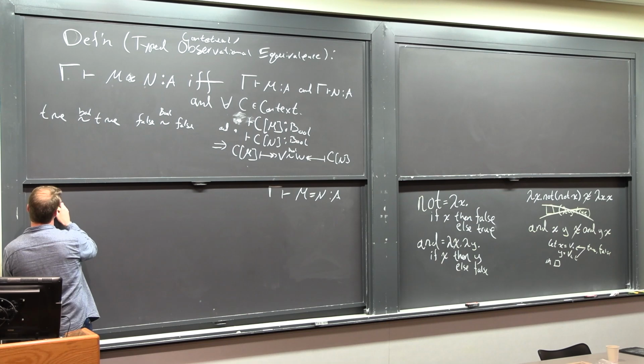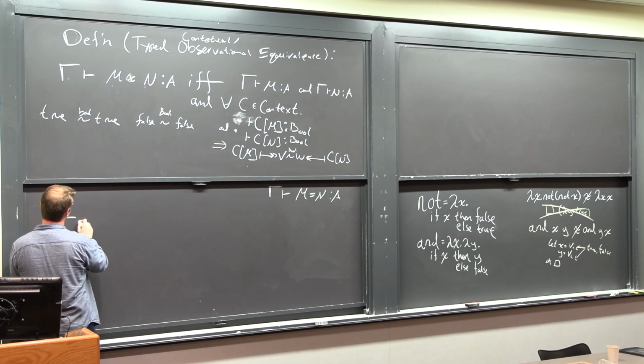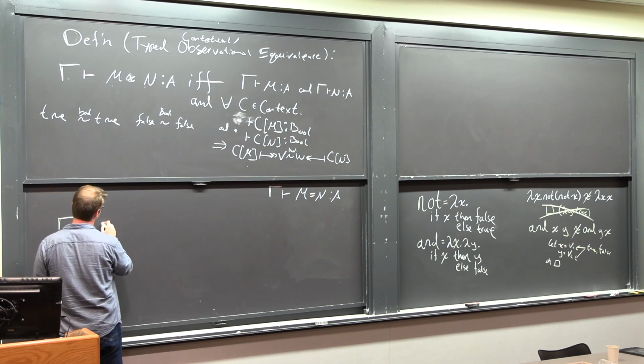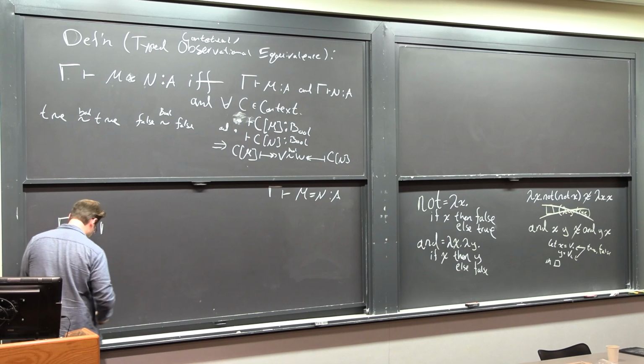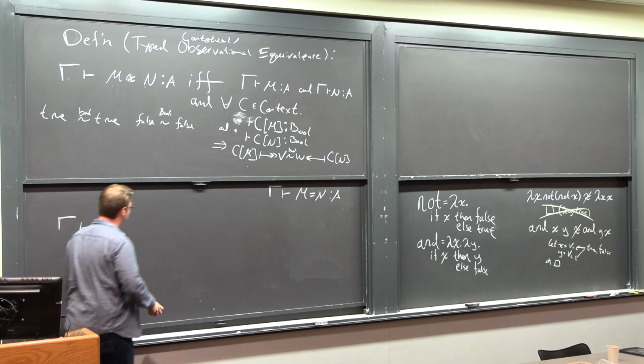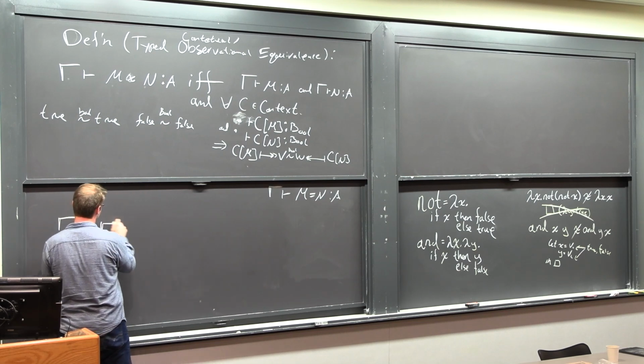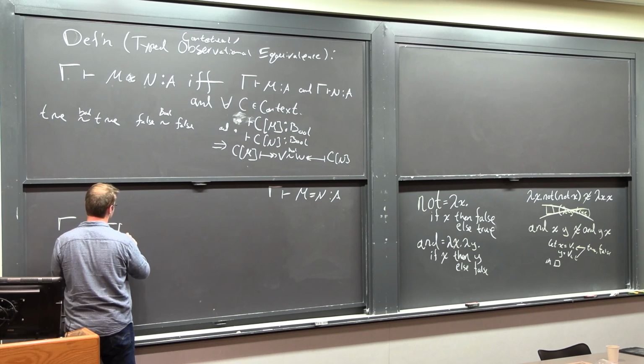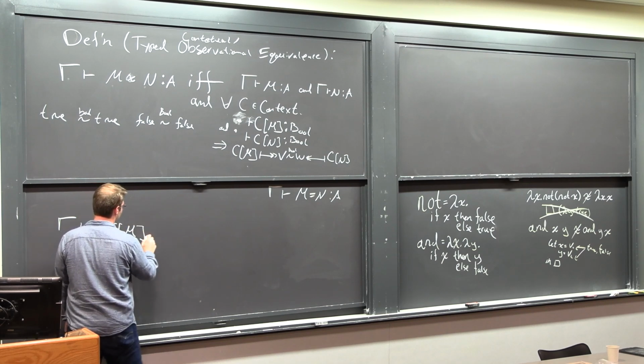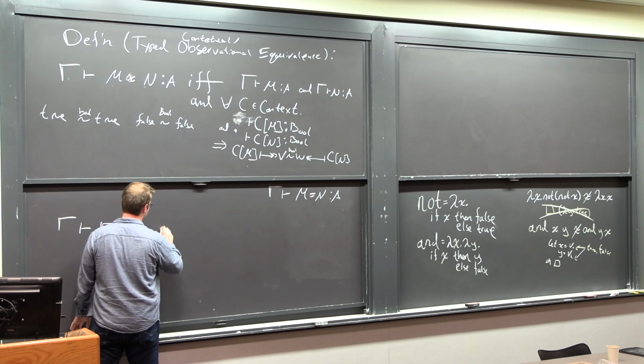Okay, so the case split on Booleans looks like this. So if, I'm going to write it this particular way, if I have, I think this is the way I have it in the notes, m is equal to n.